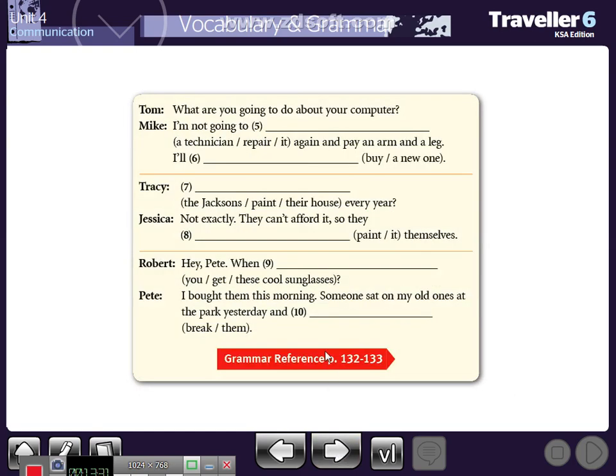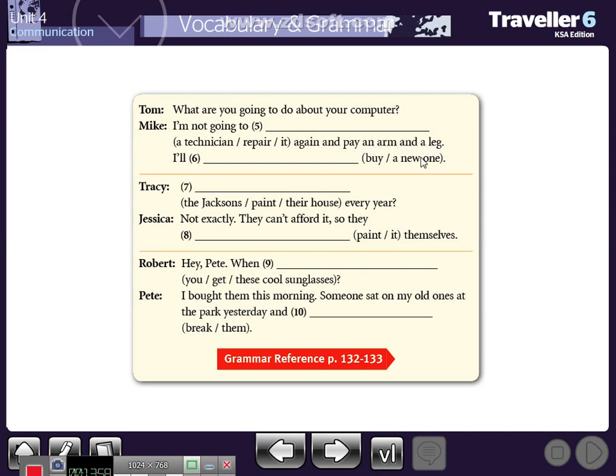Tom and Mike, what are you going to do about your computer? Mike: I'm not going to blank technician repair it again and pay an arm and a leg. An arm and a leg, we have discussed it in the previous lesson, which means a big amount of money or a lot of money. Pay an arm and a leg means pay a lot of money here.